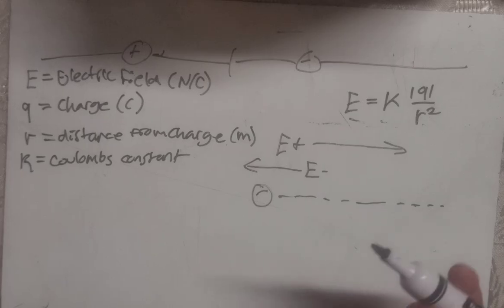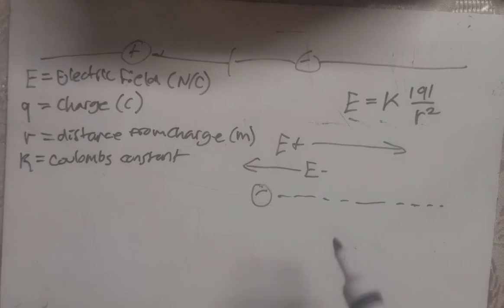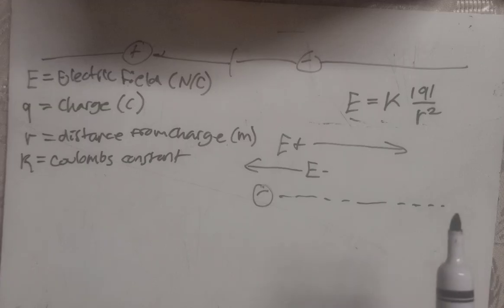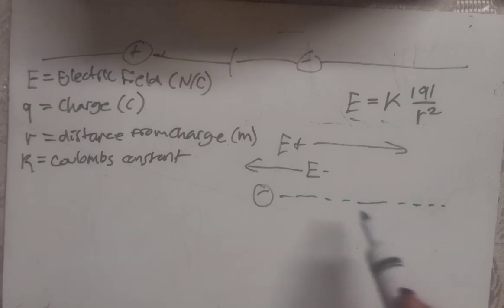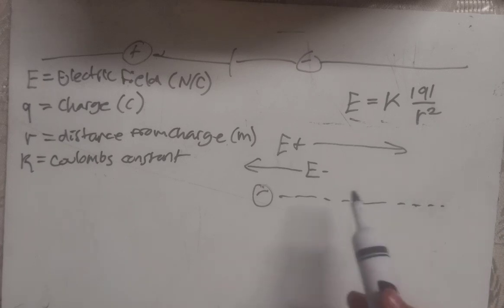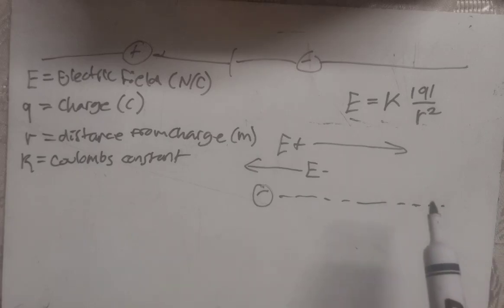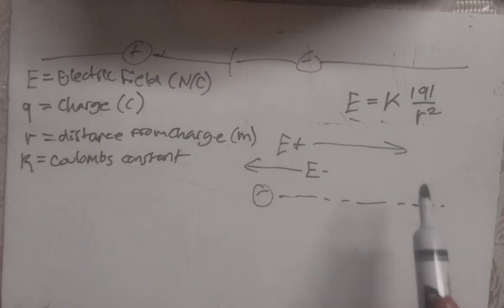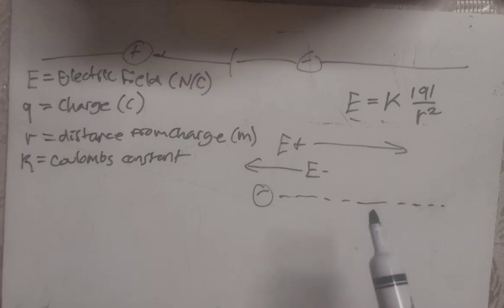So here the fields point in opposite directions, which means cancellation could seem possible. But the negative charge is stronger than the positive charge, and any point on this side is also closer to the negative charge than to the positive charge. So the negative charge's field would always be stronger here, which means the electric fields cannot become equal, so they cannot cancel.